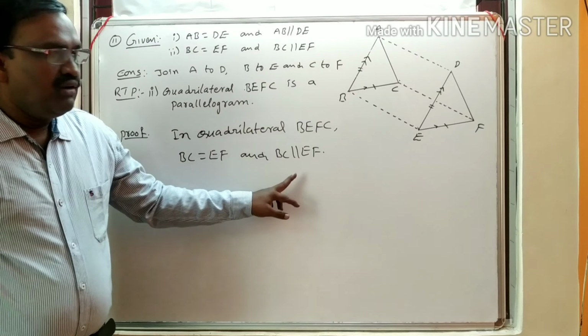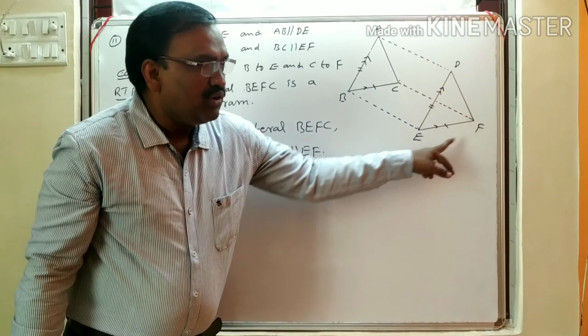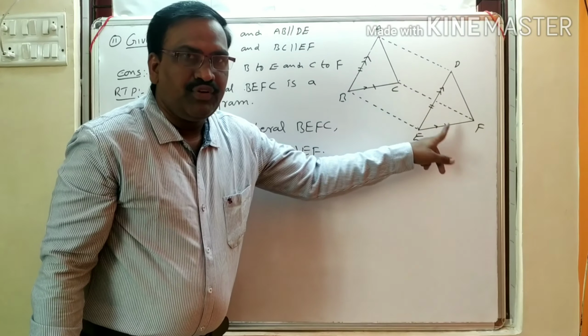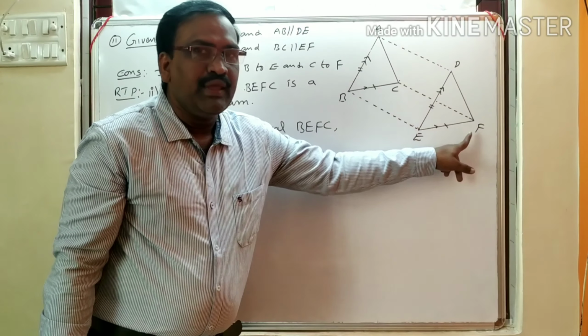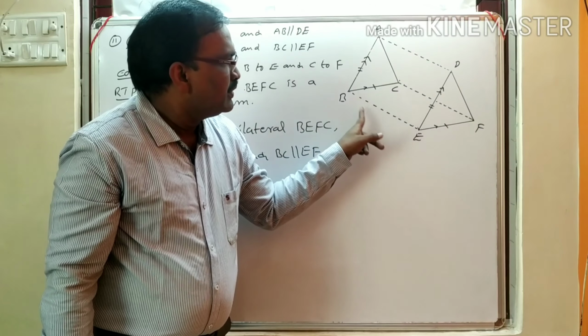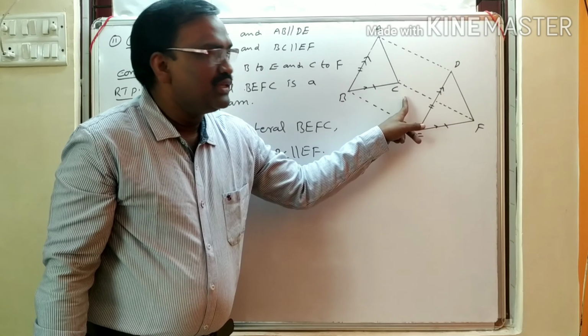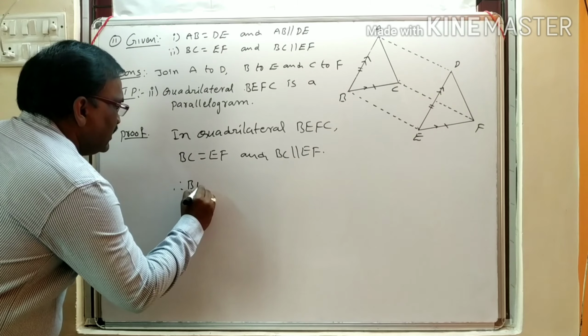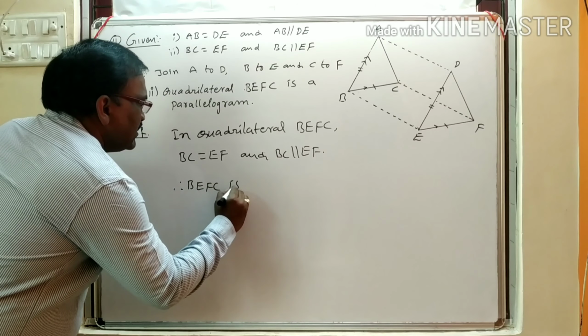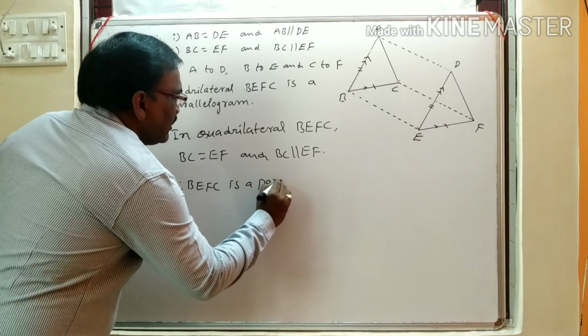Already discussed, in any quadrilateral, if one pair of opposite sides are parallel and equal, then that is a parallelogram. Therefore, BEFC is a parallelogram.